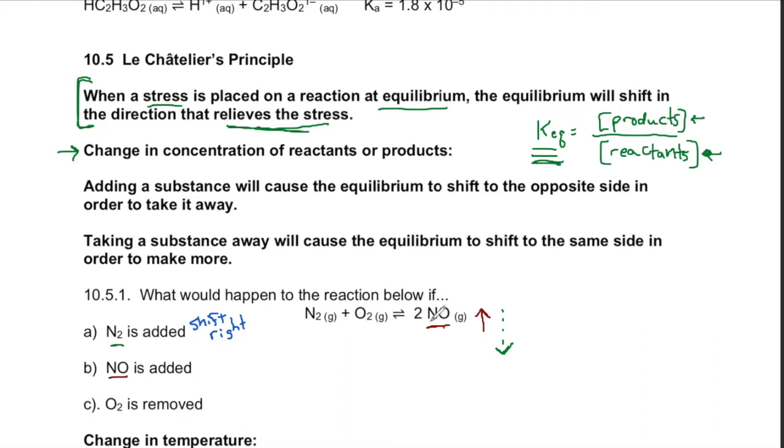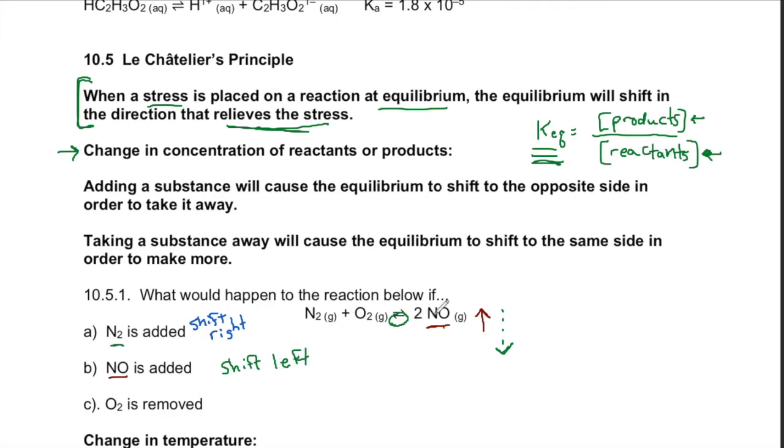And the way the system can take away what you've added, it can take away that NO gas by speeding up the reverse reaction, taking some of that NO and breaking it up into nitrogen and oxygen. So you've added some, the system is going to try to take it away. When the reverse reaction is speeding up, we call that a shift to the left, or a shift towards reactants.